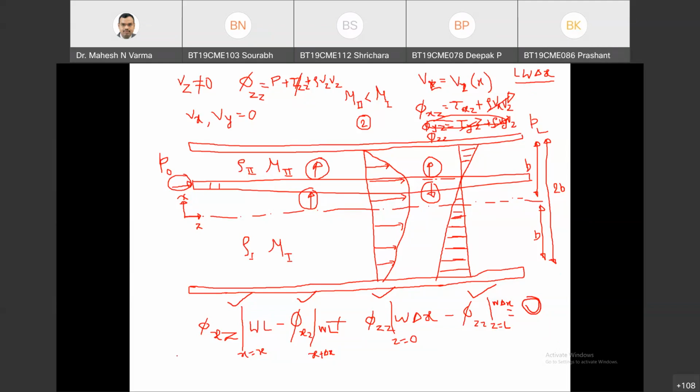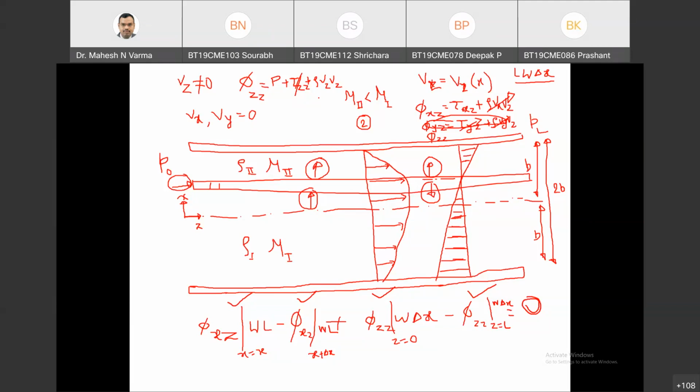You will get a differential equation: d by dx of tau xz equals P0 minus PL divided by L. This is what you are supposed to get. Rearrange the equation to get the differential equation of momentum flux.